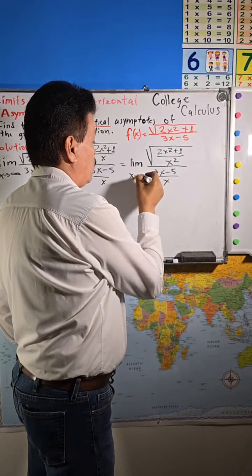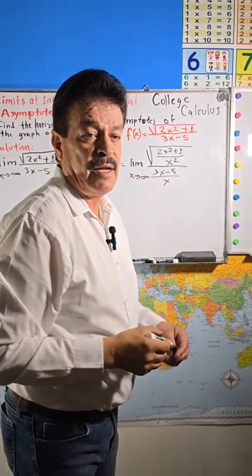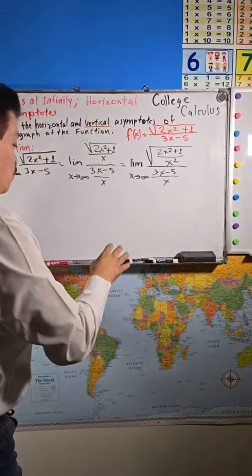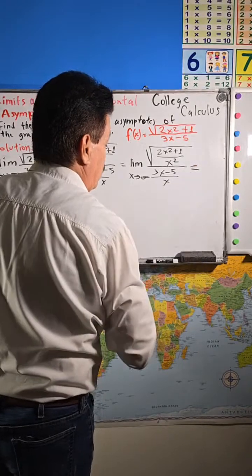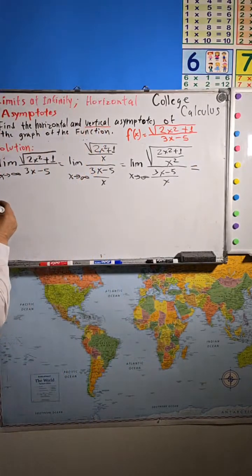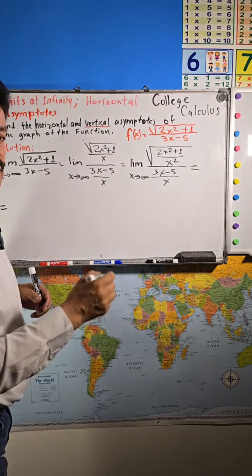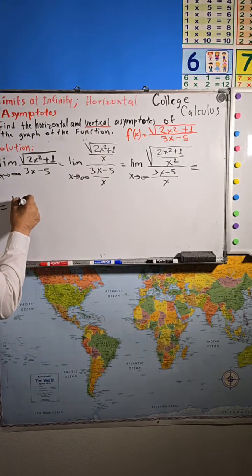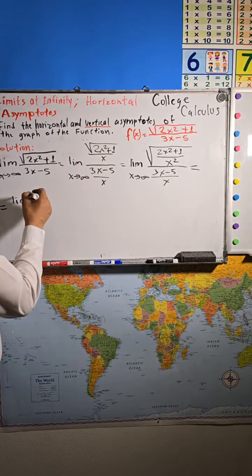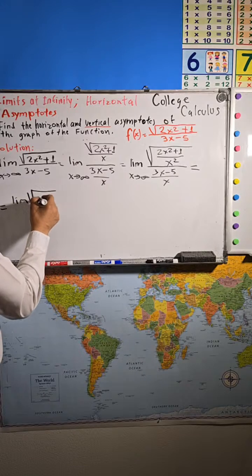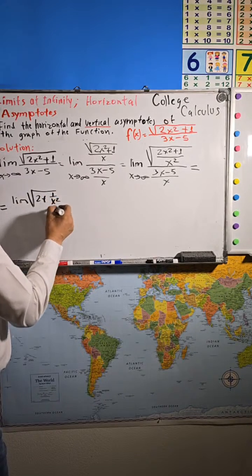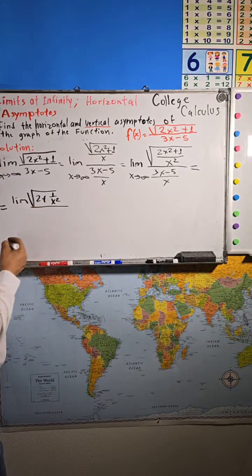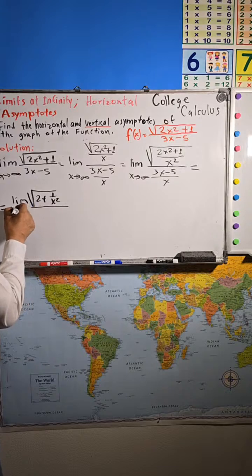Continuing, we have the limit of the square root of 2 plus 1 divided by x to the second power, when x approaches infinity.